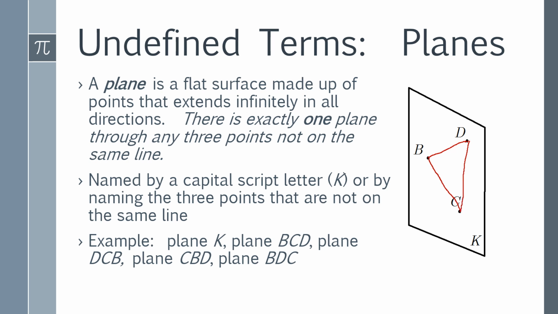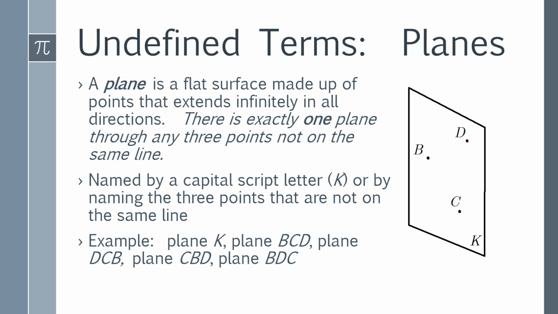A triangle is the smallest portion of a plane. A plane is somewhat like the surface of a desk, a wall, a floor. All those things are examples of planes in the physical world.